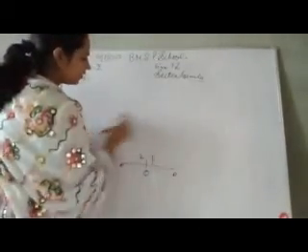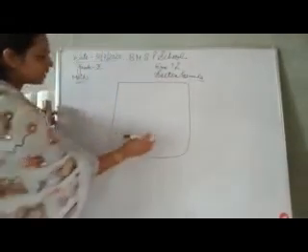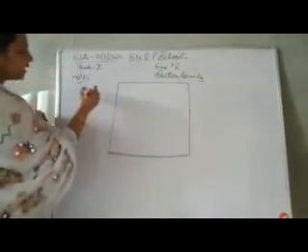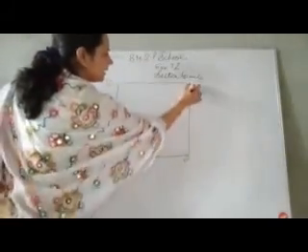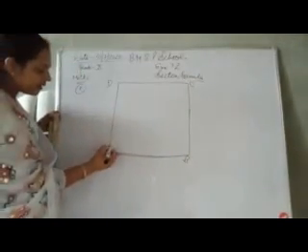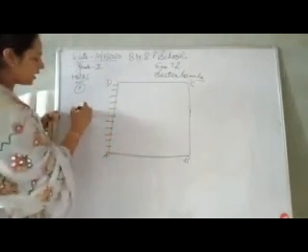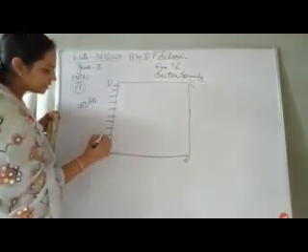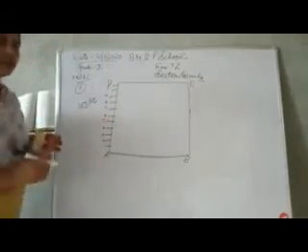Okay. Now the third question is a very important question. In the third question they have given a playground. A, D, B, C. There is a playground. Here are 100 pots. 100 pots are here. Each is at 1 meter distance.